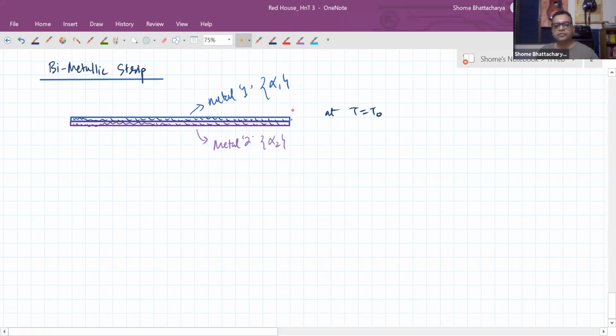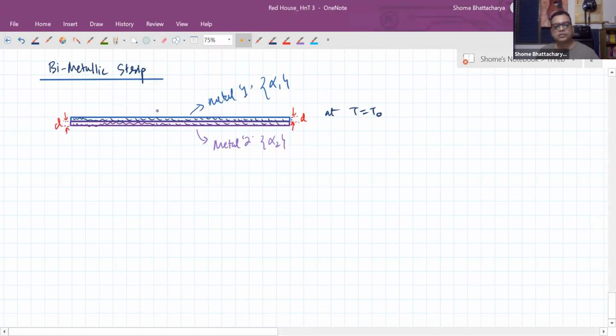They also have the same thickness. If this thickness is D, then the other one's thickness is also D.